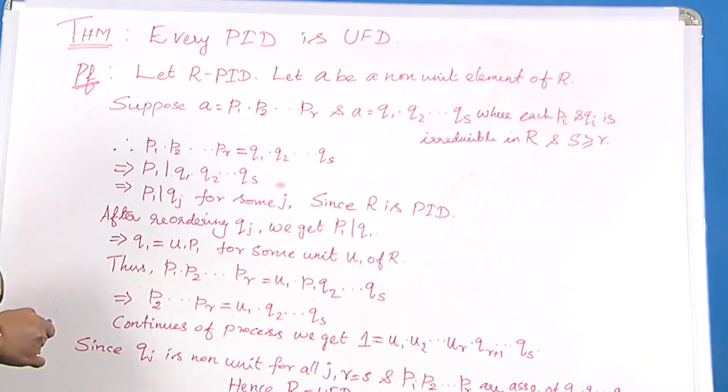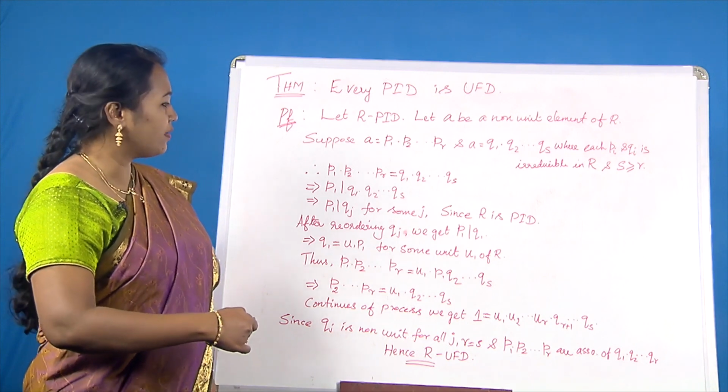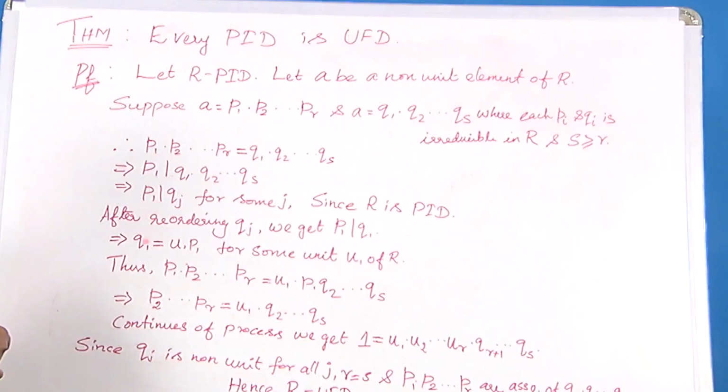Let us reorder the elements in such a way that the particular Qj which is divisible by P1 comes first. So, now we have arranged it and it becomes Q1.